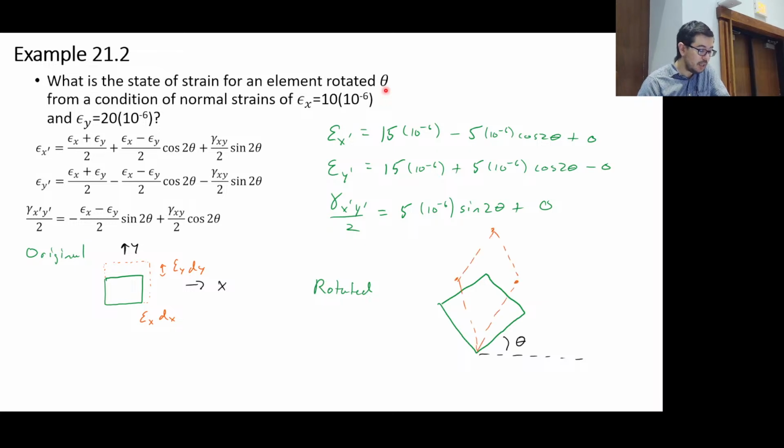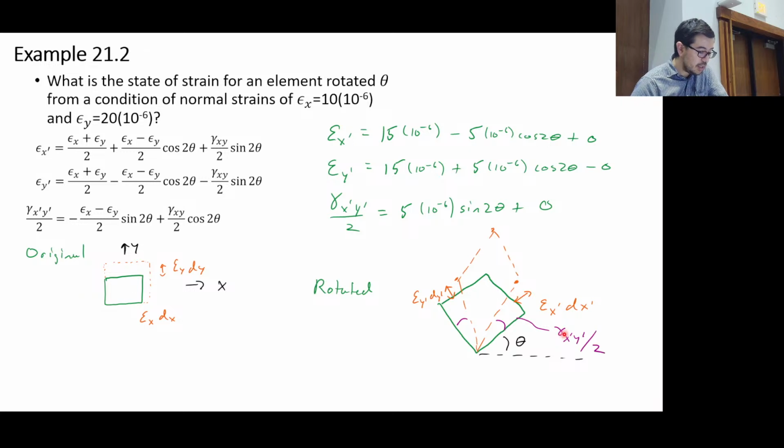And assuming that this new state of strain is a positive quantity, at least the way we've got it written out, we know it's going to pinch in the bottom corner like this. So this is just kind of a general depiction. And epsilon x prime dx prime would be in that direction, and epsilon y prime dy prime would be in that direction.